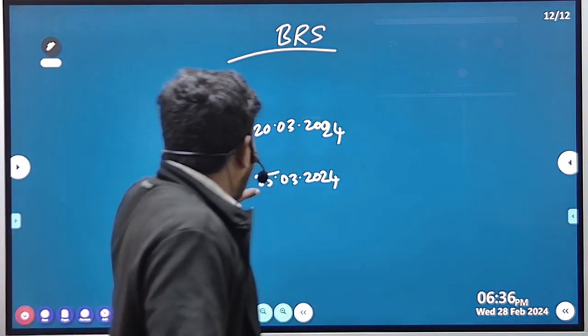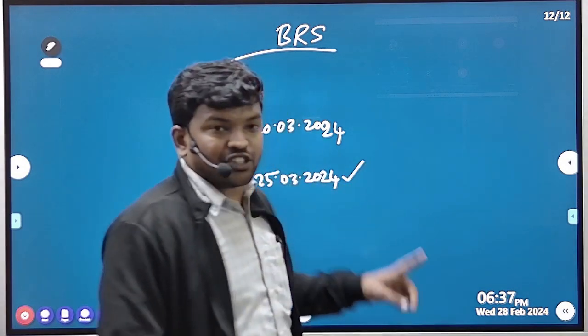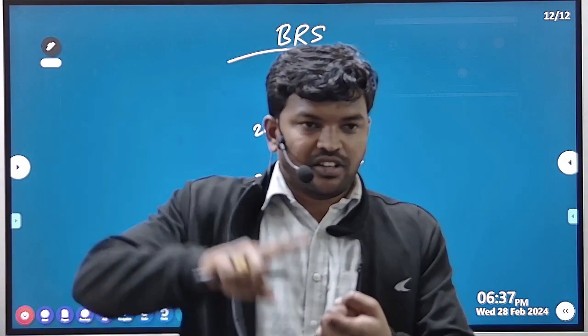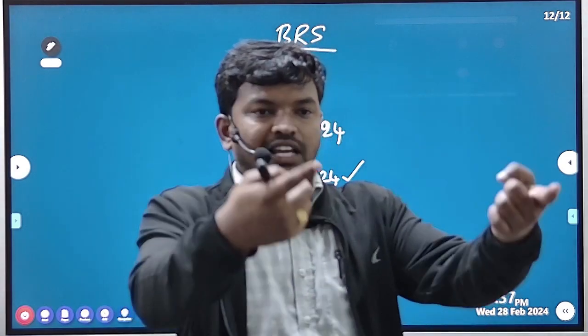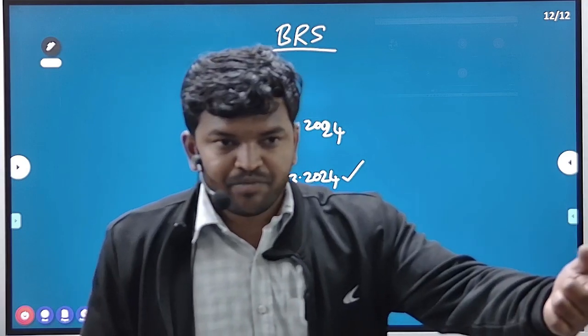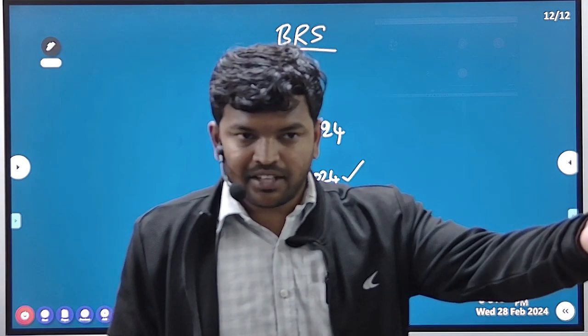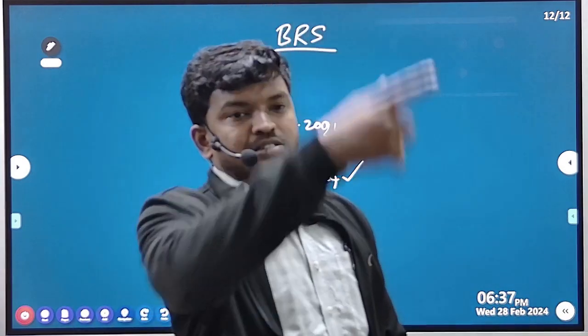Why? I have deposited in the bank, but this check has to go for clearing, yes or no? Clearing in the sense, my bank will contact the debtor's bank. Debtor will have a separate bank, from which he has given the check. My bank will contact his bank.